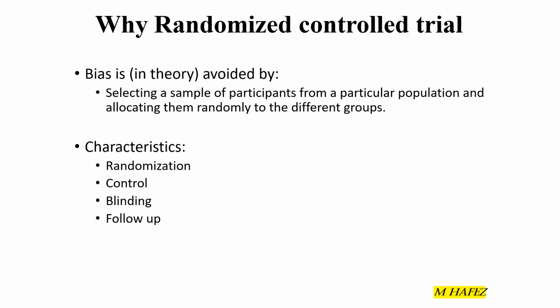So it could be a single blinding, like only patients are blinded, or double blinded, where patient and researcher are blinded. So the researcher in this case does not know when he's making the comparison which treatment, for example, which method is used with a group 1 or group 2 or any particular patient that is under evaluation.